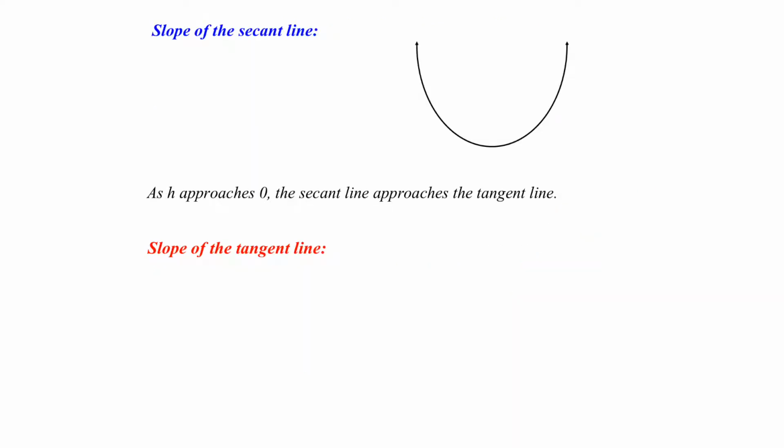So once again, the slope of the secant line, as we have just described, is equal to the change of y, f of x plus h, minus f of x, divided by h. So we had a point here and a point here, and here was the secant line.